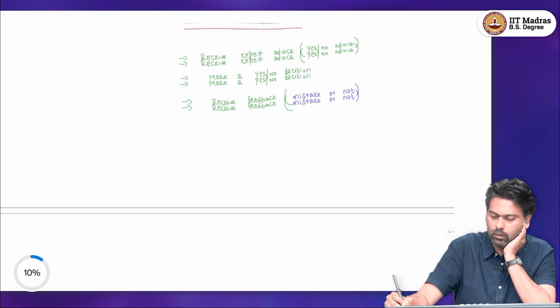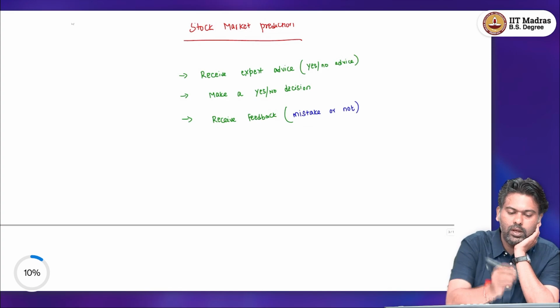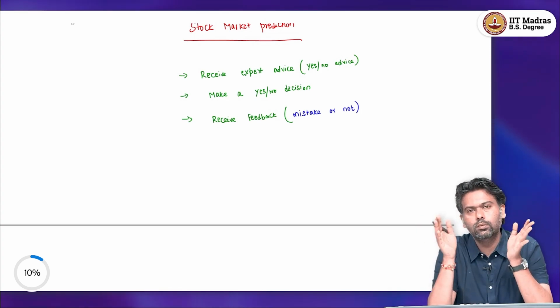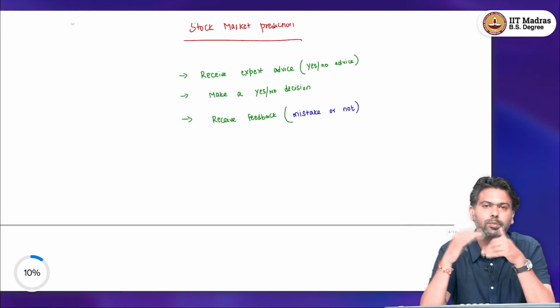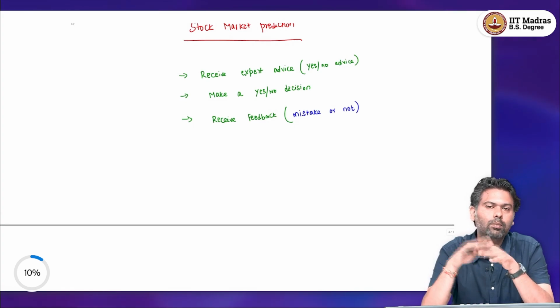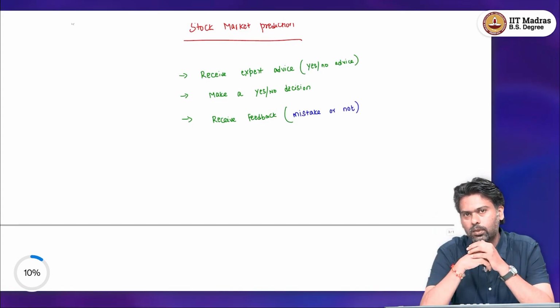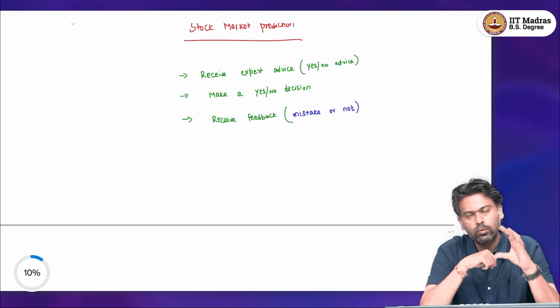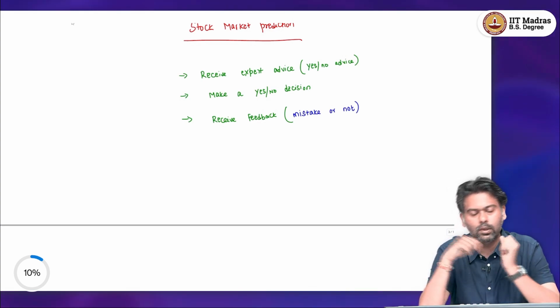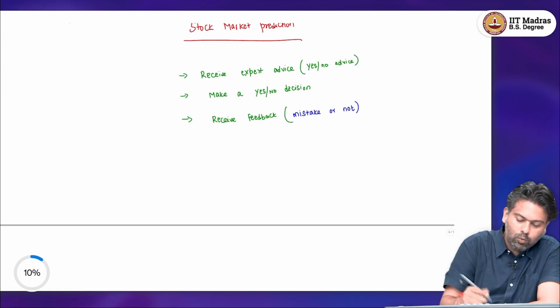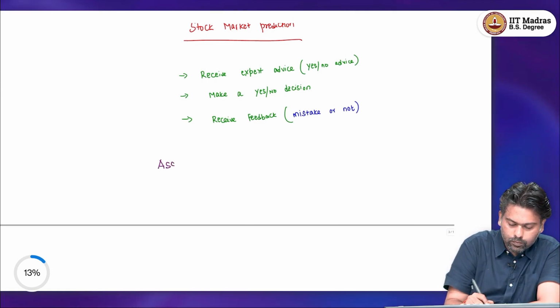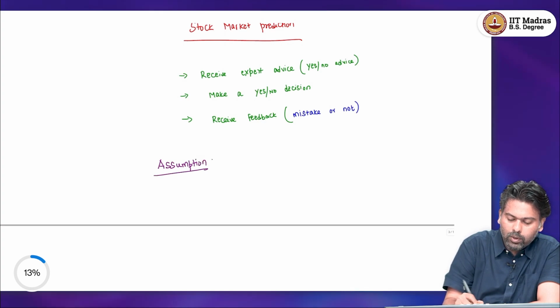Now, what's the goal? Well, the goal is to make money, which means that you don't want to make many mistakes, right? So you want to make as small a number of mistakes as possible. Now, to take a simple example, the setup: let's make one assumption. What am I going to assume?